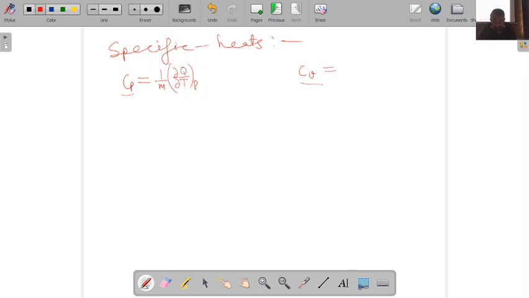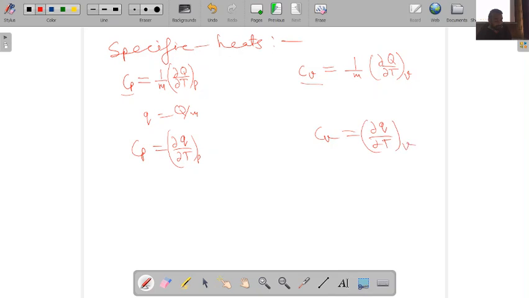Whenever I write the definition of Cv, it is 1 by m del Q by del T at constant volume. Taking the 1 by m inside, capital Q by m is small q. So Cp becomes del small q by del T at constant pressure, and Cv becomes del small q by del T at constant volume.